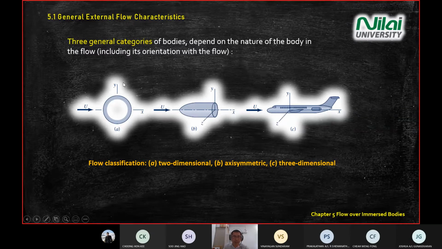The simplest is the two-dimensional flow on the left, where you cancel out many things in the equation. For axisymmetric, you can cancel some, but with a three-dimensional situation you need to consider many things. Your coming assignment will be a three-dimensional scenario, for your info.